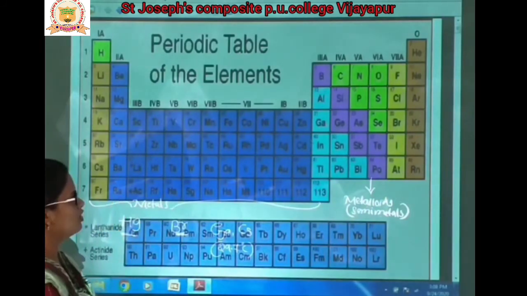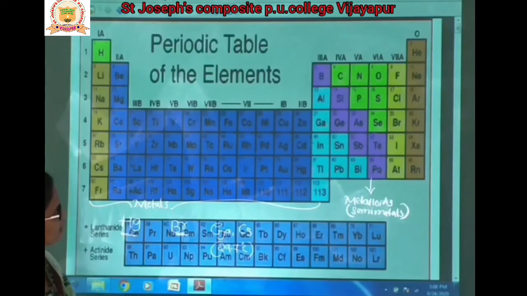Carbon, nitrogen, oxygen, phosphorus, sulfur, selenium, fluorine, chlorine, bromine, iodine, astatine, helium, neon, argon, krypton, xenon, radon. These are all non-metals.